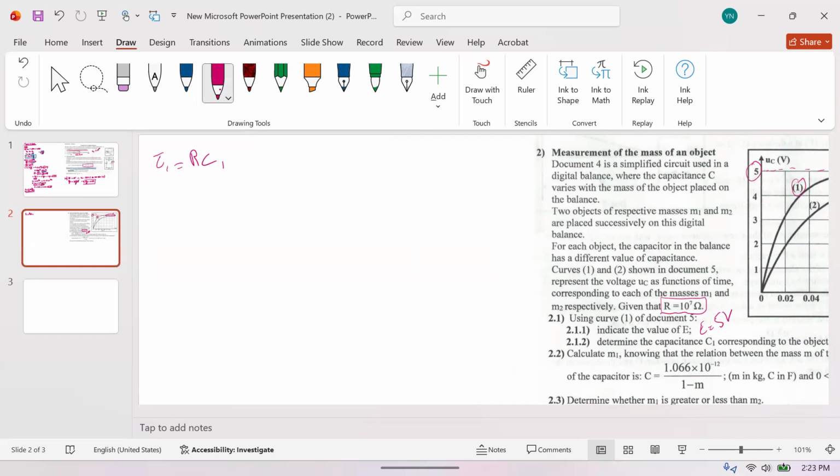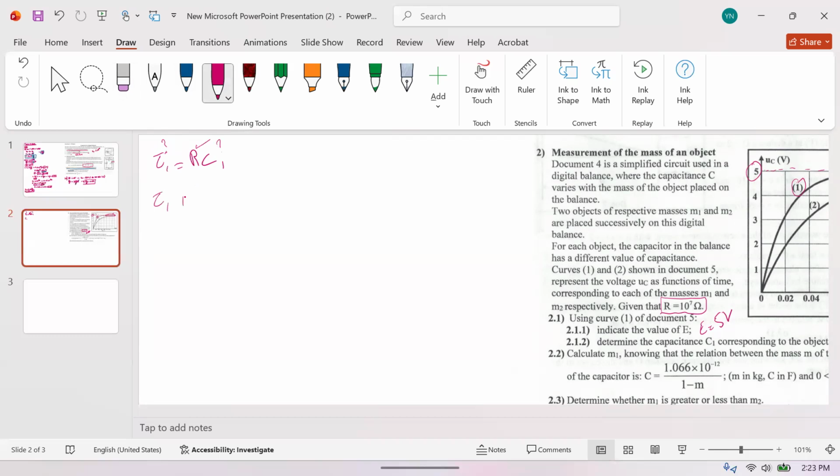Because C is a constant that is usually given, or it's something we have to calculate using this formula. These are the main two ideas that they ask about concerning the capacitance. Now you tell me we have R, okay, great, but we don't have tau 1. Exactly. This is why they gave you the graph, so you can calculate tau. So how can I find tau before finding C1?